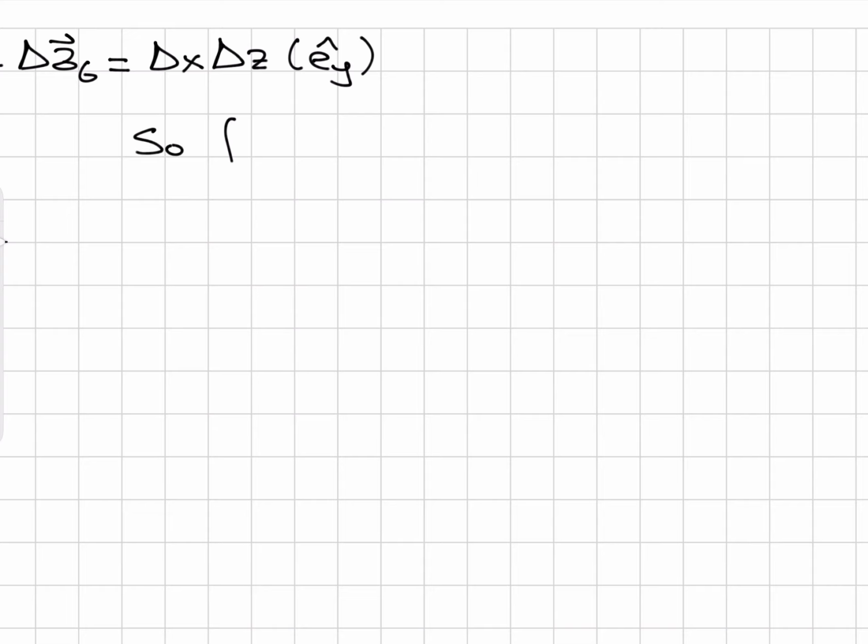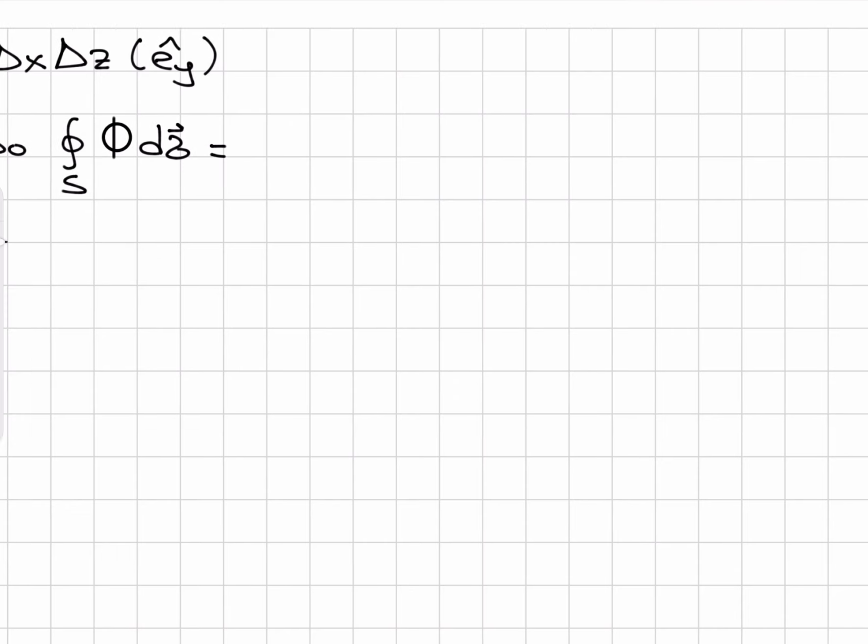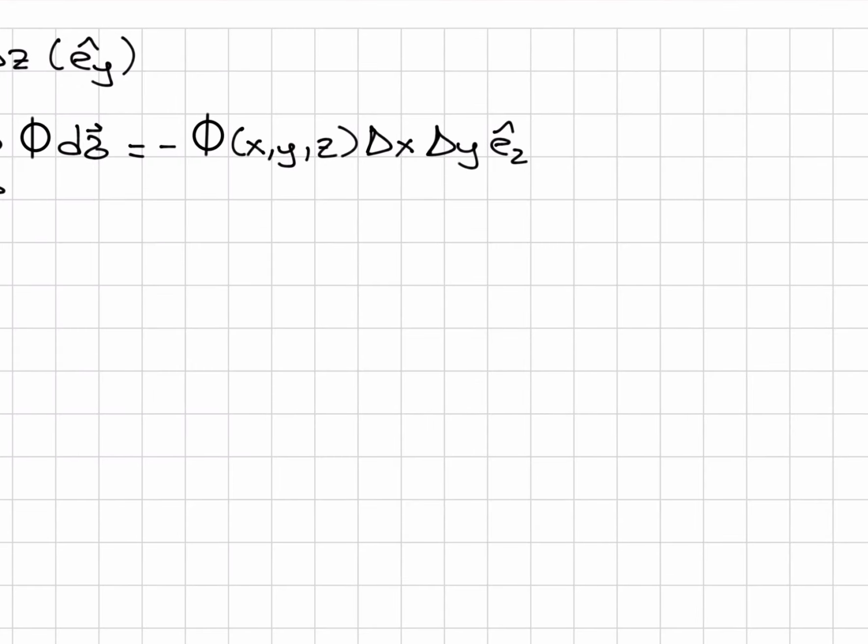So the closed surface integral over S of phi, my scalar function, d sigma, is, on surface 1, minus phi, because this is a small area, it's phi(x,y,z) approximately, multiplied by delta x, delta y in the e_z hat direction, and then I have plus phi.